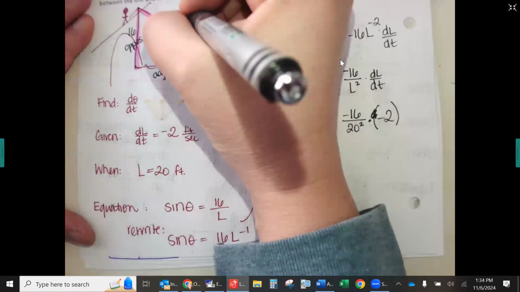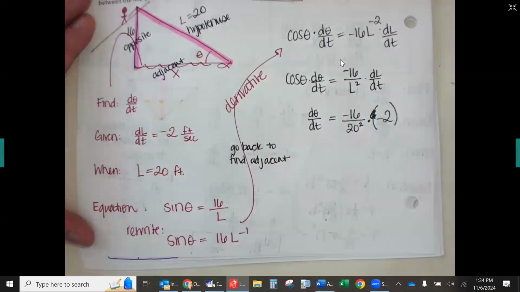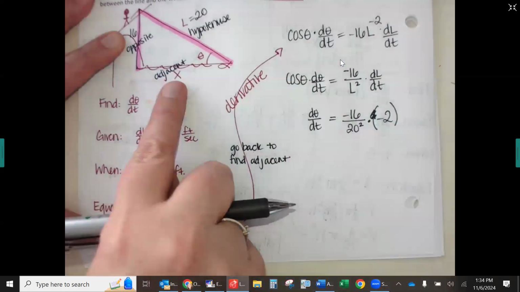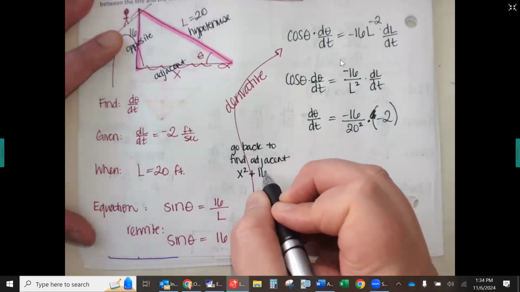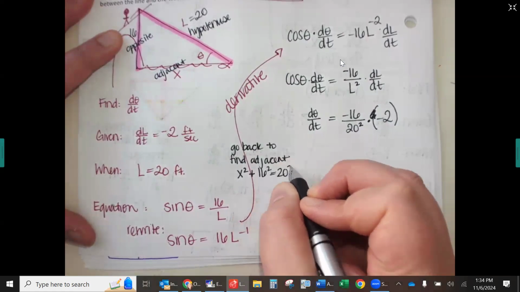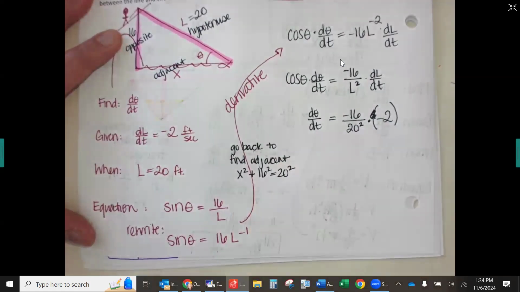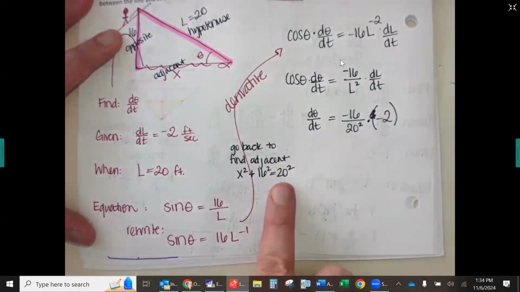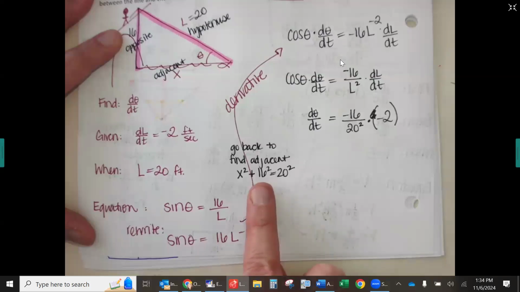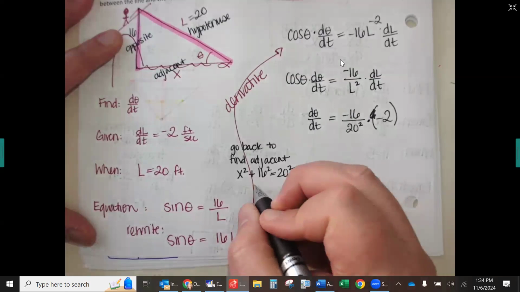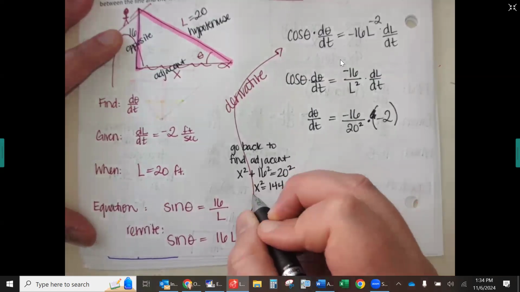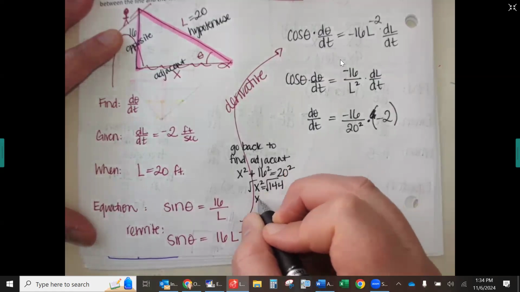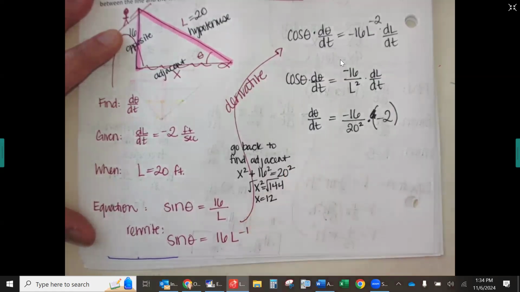If my L is a 20 and this is a 16 and that's an X, I'll do X squared plus 16 squared equals 20 squared. Then in your calculator, do 20 squared take away 16 squared. What's that going to give us? 144, and then take the square root. So my X side is 12.